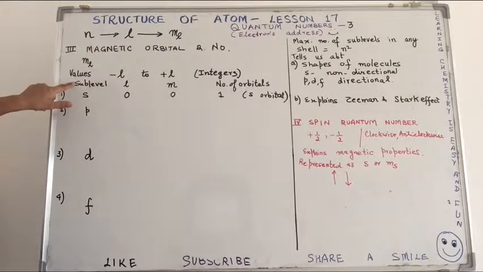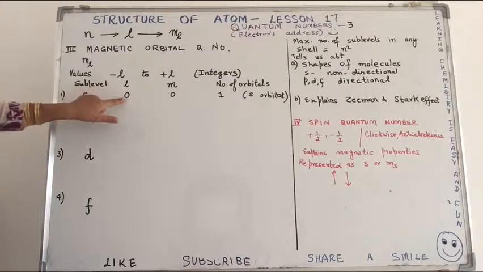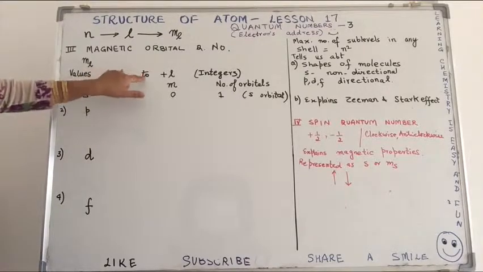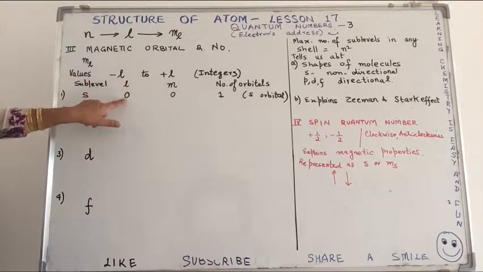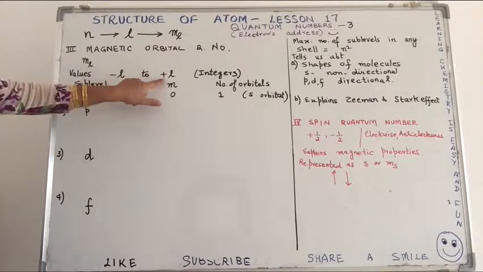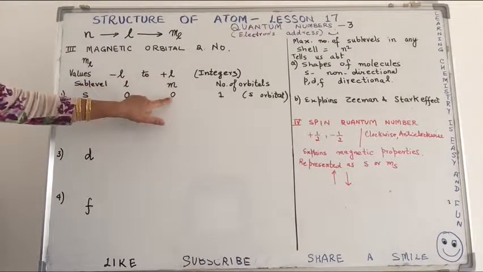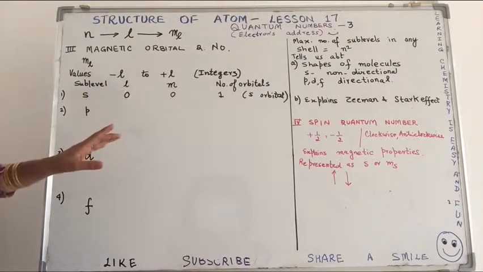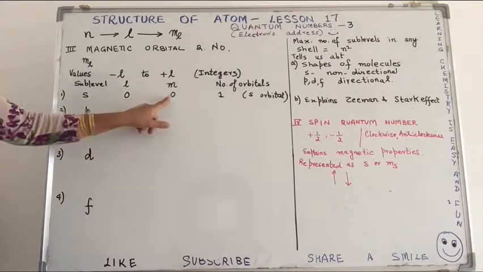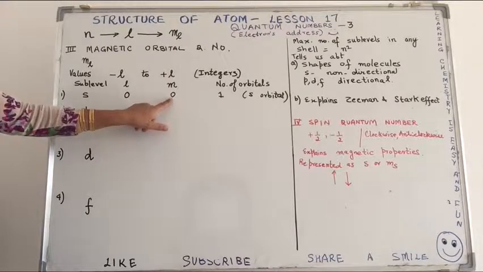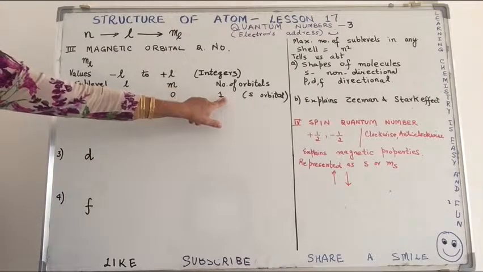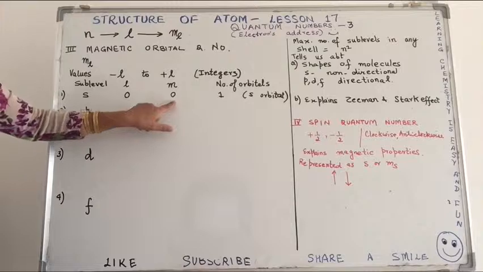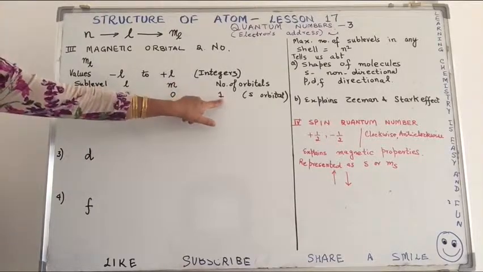If we start with the sublevel S, the range is from -L to +L. So what are the integers between -0 and +0? Yes, it's only 0. How many values of m do you get, not what values, gives us the number of orbitals. There is only one value of m, so you get 1.